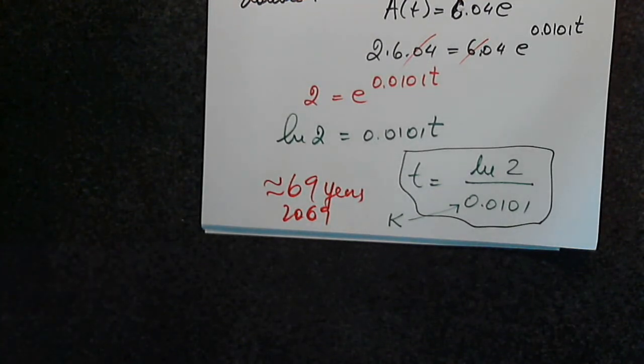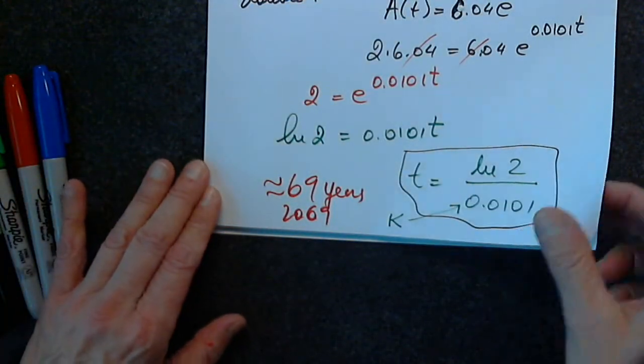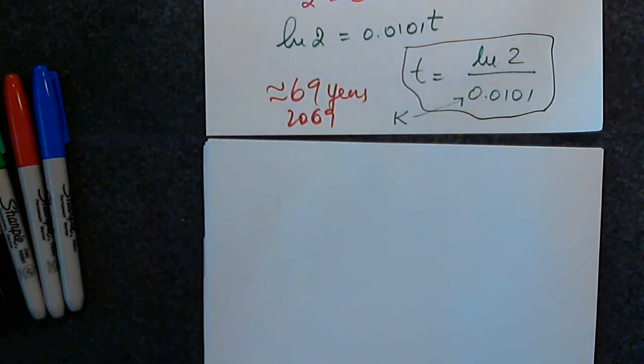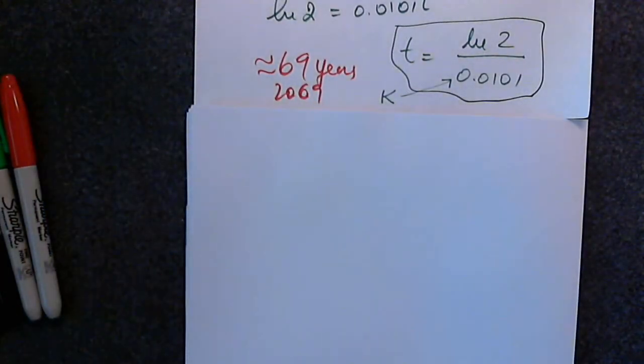Very good. So now the same idea for the radioactive decay. Same idea, same type of model. Just there is a negative in front of the growth rate. Okay, so we're looking at a couple of problems.